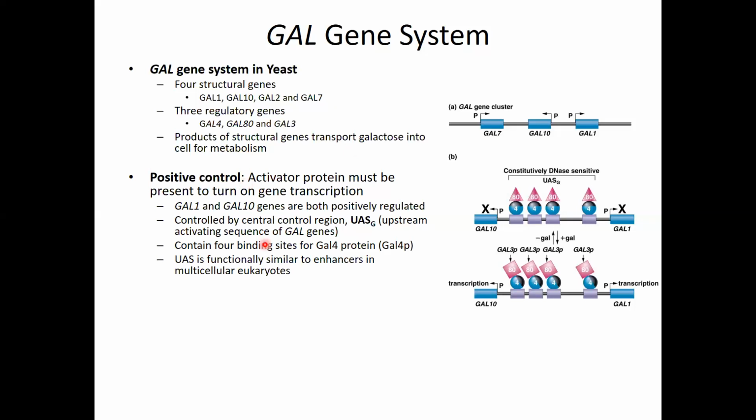It is controlled by the UASG sequence, the control region, which stands for upstream activating sequence of GAL genes. So U is upstream, A is activating, S is sequence, and the G is saying that it is of the GAL genes.